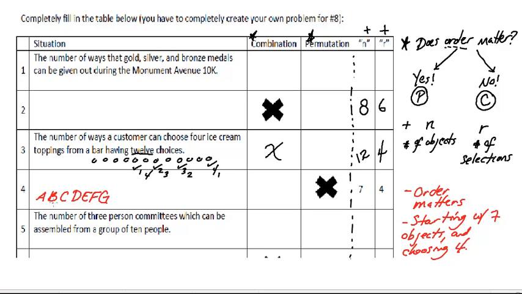If I choose B and then A and then D and then E, then I've made the word BADE, B-A-D-E. And if I choose, say, A, D, E, B, I've got ADEB, not a word. So it does matter the order in which we choose these.